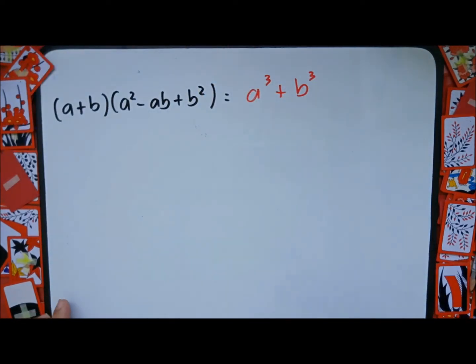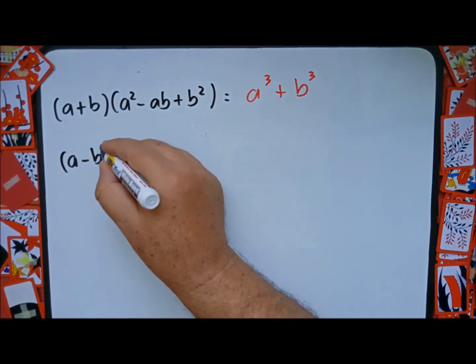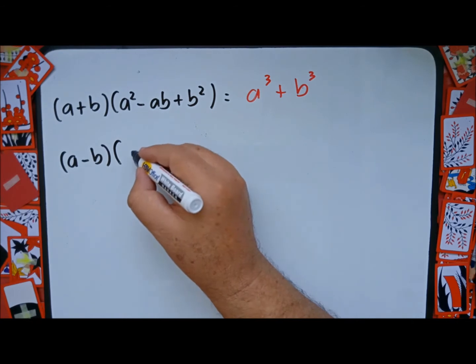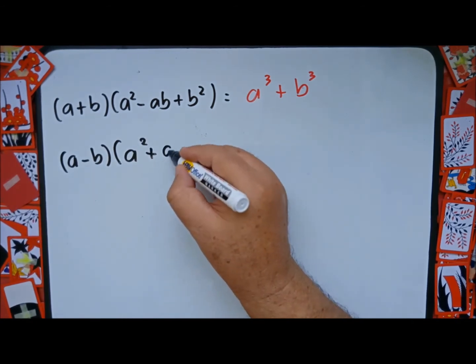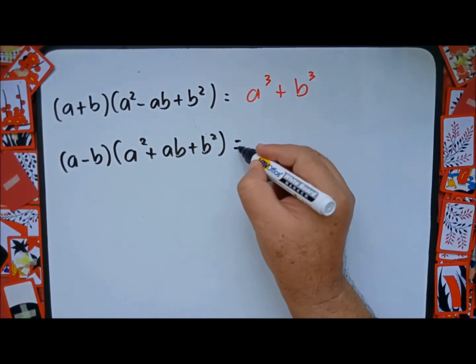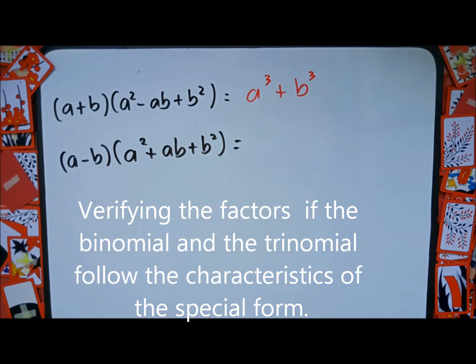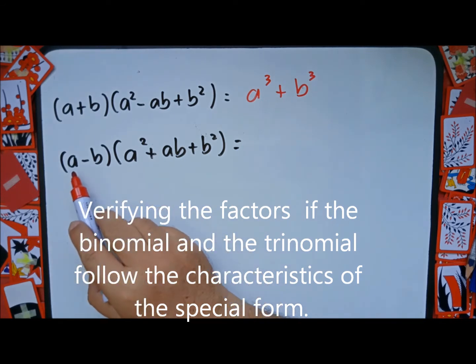Okay, how about if the other way around? A minus b times a squared plus ab plus b squared. Okay, the first term must be the square of the first term here.